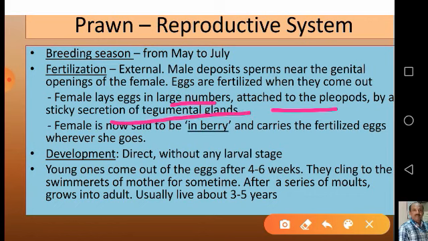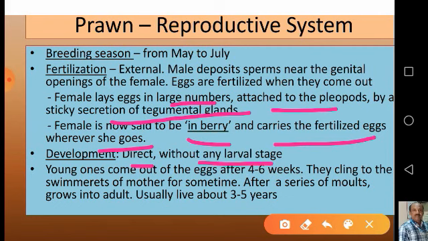During the breeding season, the female is now said to be in berry condition and carries the fertilized eggs wherever she goes. At that time, it will attract the male, and then the fertilization will continue. Then development is direct, that means there is no larval stage.